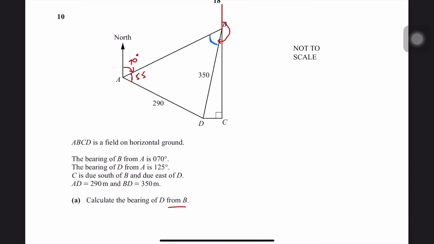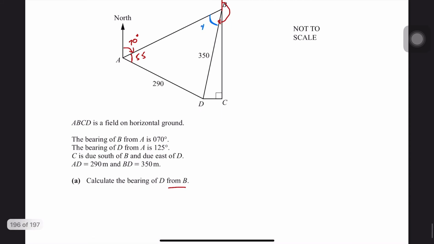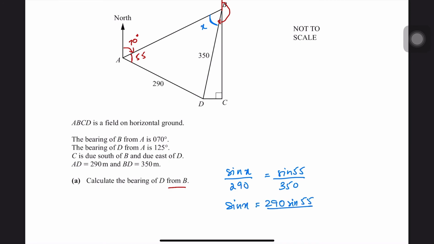In order to find this angle, I'm going to use the sine rule. I'm going to say that sine x over 290 equals sine 55 over 350. Sine x equals 290 sine 55 over 350. That's 42.7.